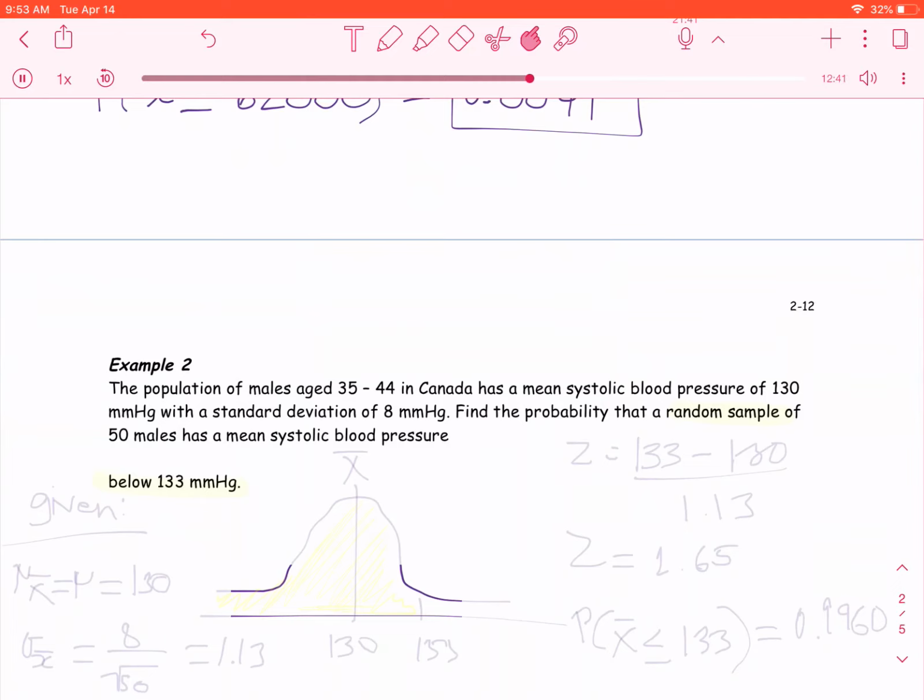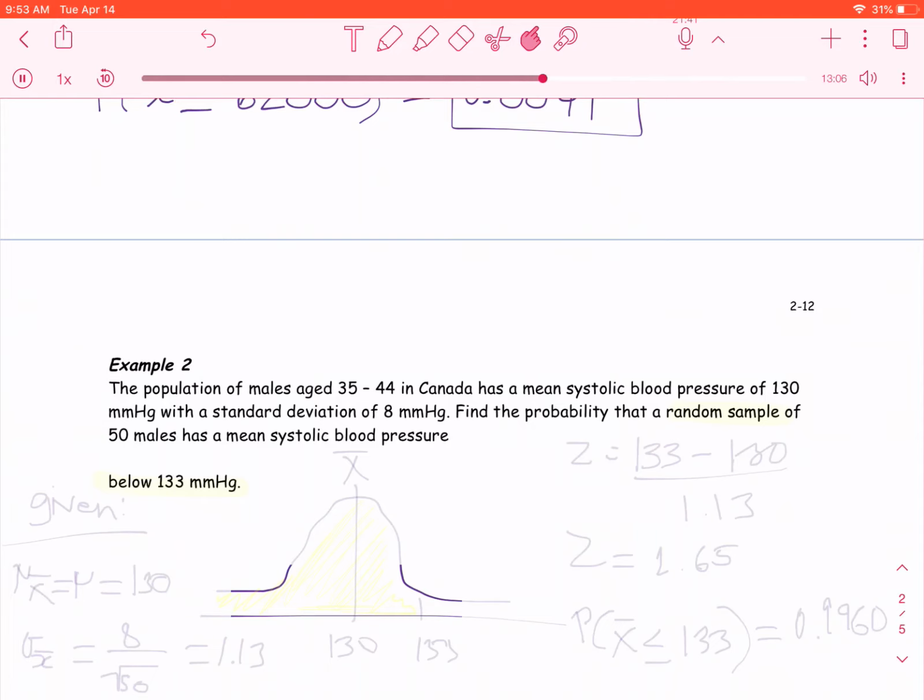For our second example, the population of males aged 35 to 44 in Canada has a mean systolic blood pressure of 130 mmHg with a standard deviation of 8 mmHg. We want the probability that a random sample of 50 males has a mean systolic blood pressure.